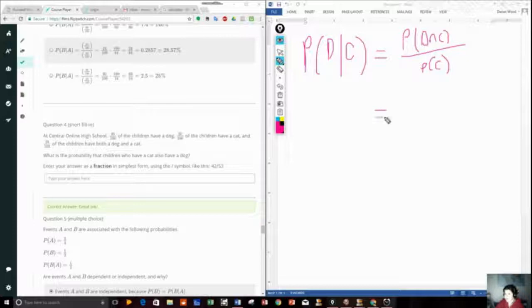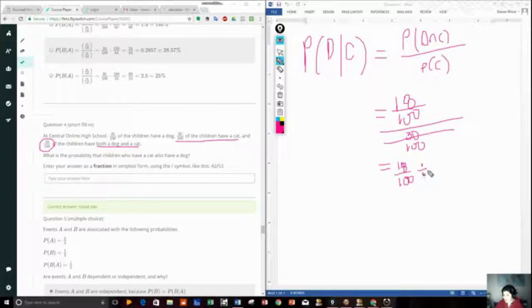The probability of having both is 18 out of 100, divided by the probability of a cat, which is 30 out of 100.